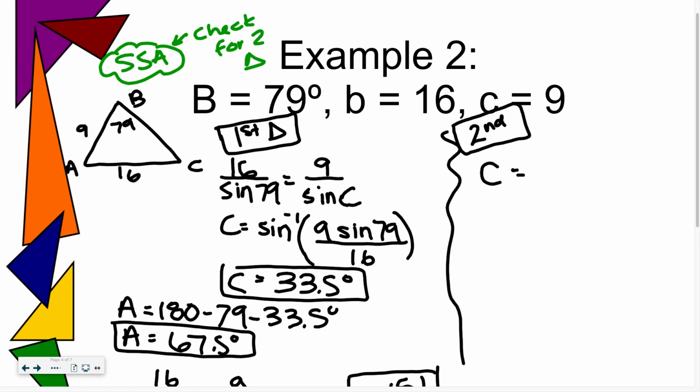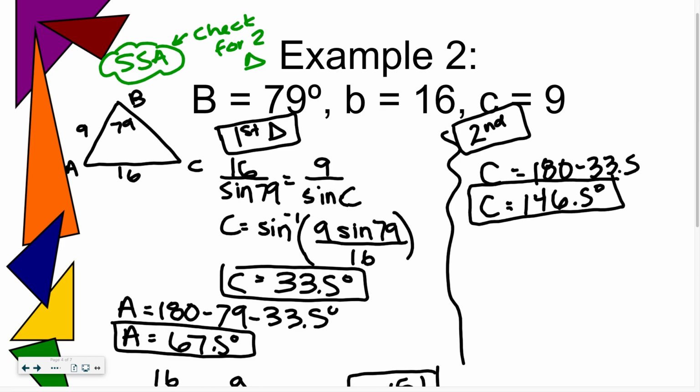What if that was just the answer the calculator gave me as a reference angle? And this is really an obtuse angle. So then I would do 180 minus 33.5. So what is that? 146.5? Okay, so what if angle C was 146.5?